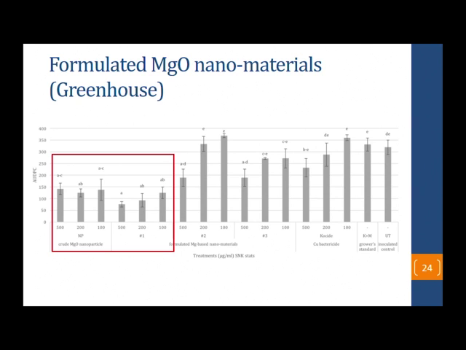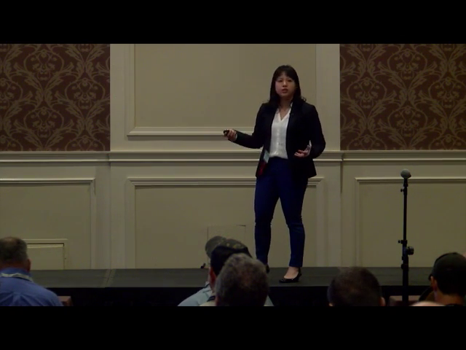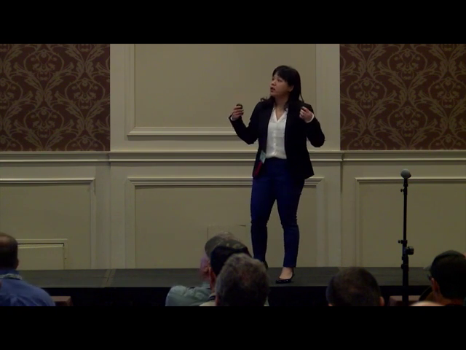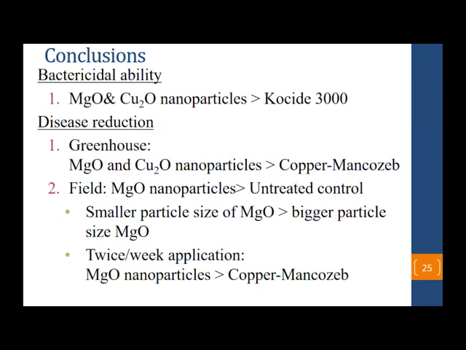We found it really promising, so we're going to put it in the field in spring this year to see how it works. For conclusions, for bactericidal ability, magnesium oxide and copper oxide nanoparticles have better bactericidal activity compared to COSI 3000, which is a micron-sized copper bactericide. For disease reduction, in the greenhouse, both magnesium oxide and copper oxide nanoparticles significantly reduce disease severity compared to copper mancozeb.